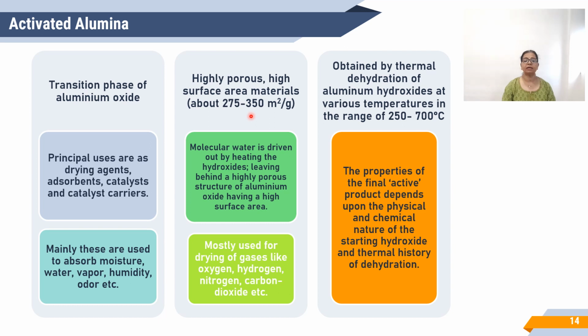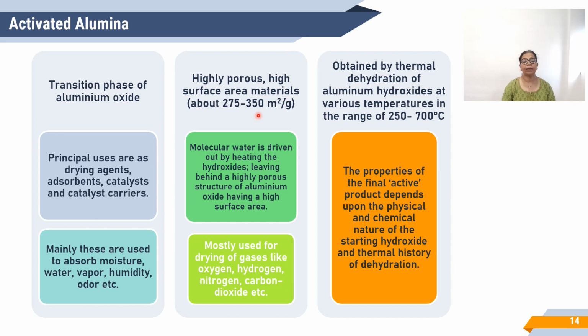it requires heat energy, which is called flash calcination, and that is for a very few seconds, by which we achieve the surface area above 300 meter square per gram. This is a requirement in the health sector, basically to remove moisture from oxygen, which we saw during the COVID times. We saw that oxygen cylinders were required, and a disease had come which was affecting the eye, and that was because of the moisture content present in the oxygen cylinders.